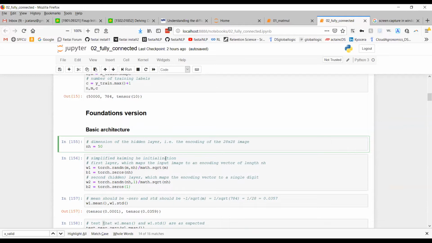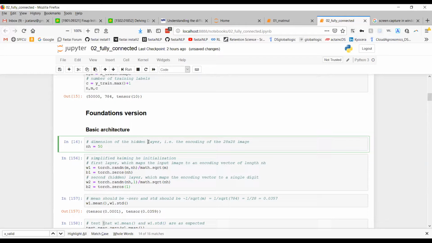And then the dimension of the hidden layer is 50. Jeremy is basically mapping the 784 pixel array into a vector of length 50. That's the encoding of the image, and the encoding is something that's hidden. We don't ever know what it actually means.